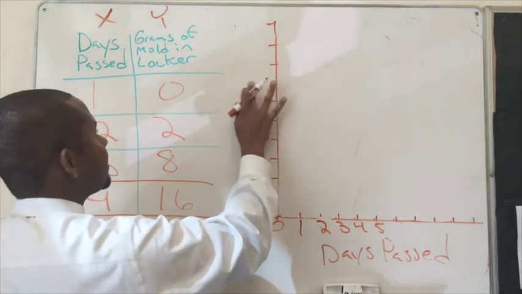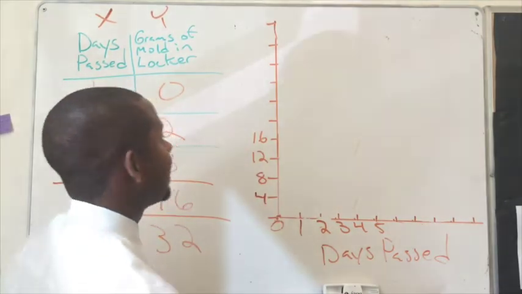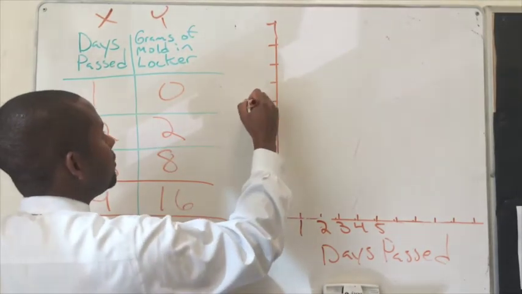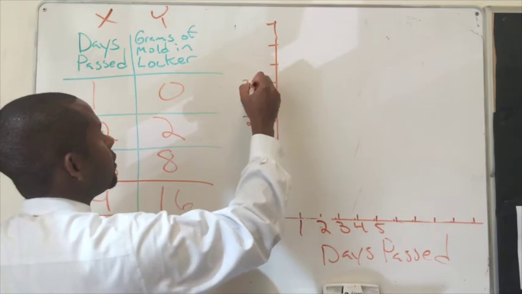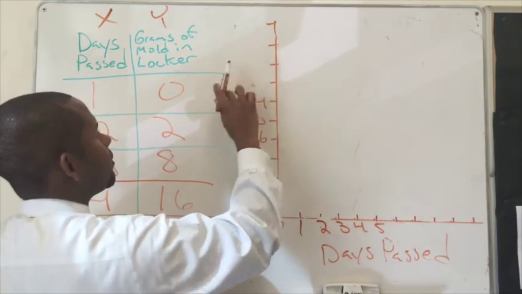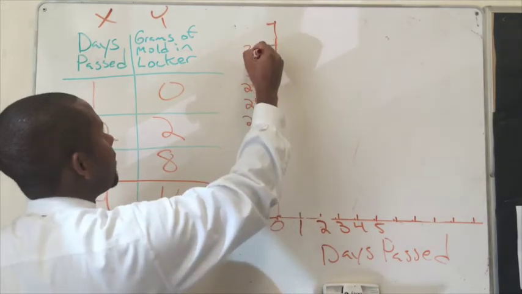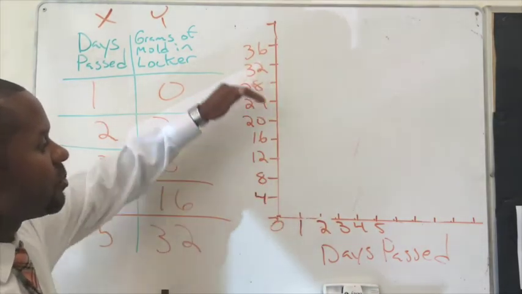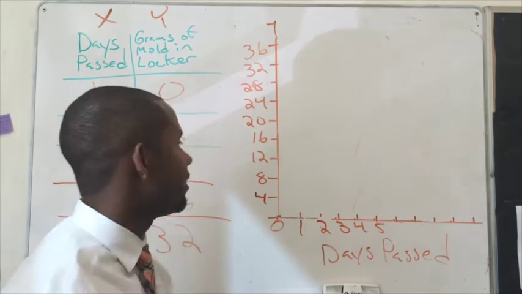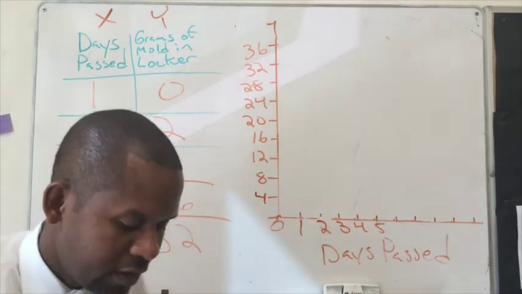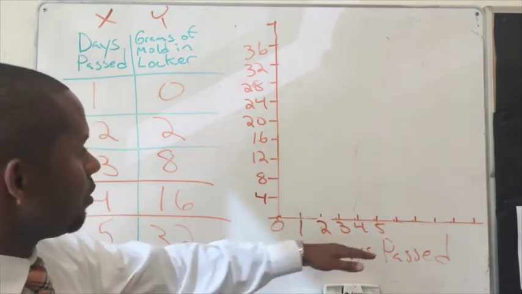I'm going to say this is 4, 8, 12, 16. You're not going to erase this. I just am. Excuse the truck sound. 20, 24, not 24, about 4, 28, 32, and 36. Right, I want to spread it out as much as I can so that it looks reasonable. So I labeled the scale of the graph.